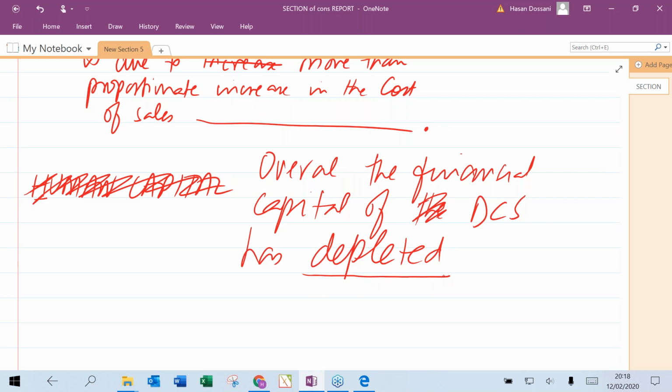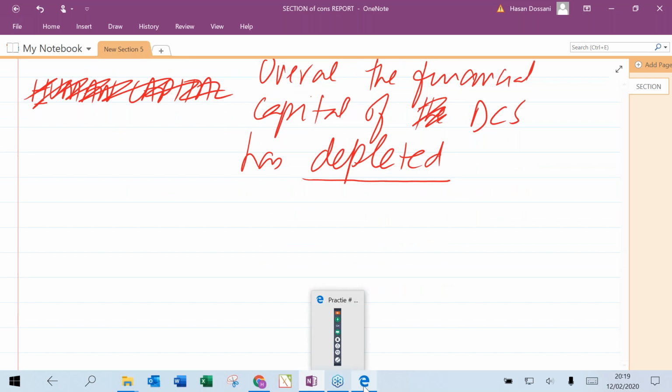So if that particular capital is reducing or adversely performing, then we will say that that capital is depleting. All right.